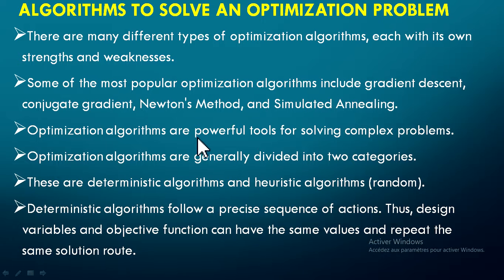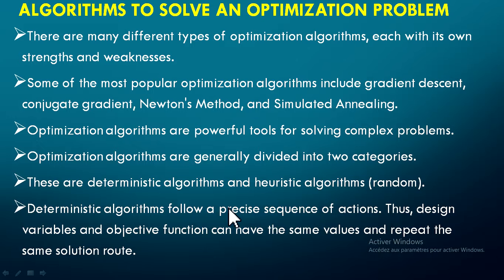Optimization algorithms are powerful tools for solving complex problems. They are generally divided into two categories: deterministic algorithms and heuristic algorithms, or the algorithms which are based on randomness.